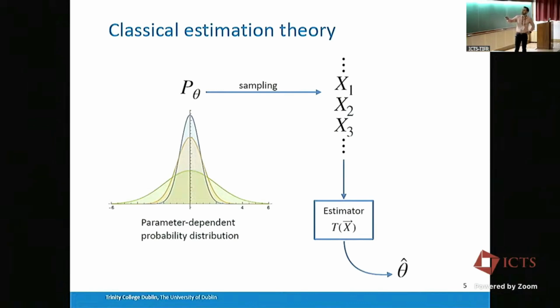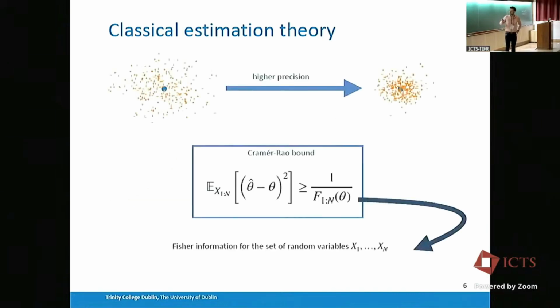Yeah? And so what we do is we sample from this, and then we try to make an estimator, right? A sample mean or something like this to infer the value that we're interested in. And we'll call this estimator theta hat. And so we're hoping that as we keep on measuring, we get some good enough precision on the result. And the main bound that applies to this is something called the Cramer-Rao bound, which you're probably familiar with or have heard of before.